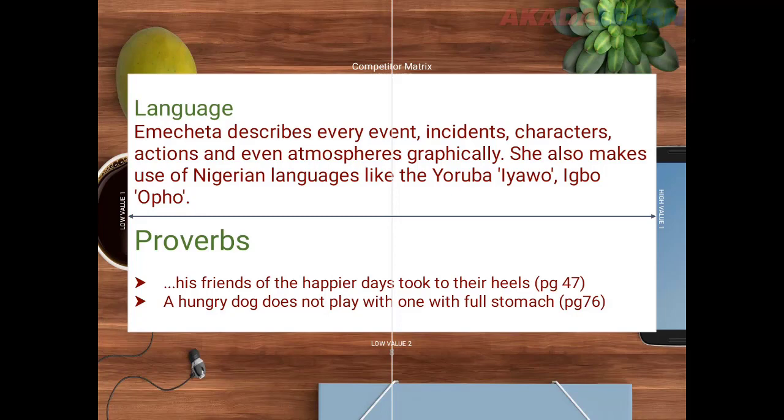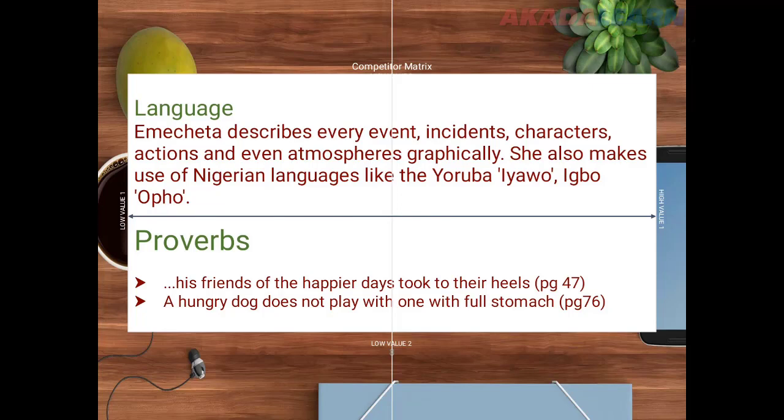Another style was the use of proverbs. Buchi Emecheta used proverbs to connect us to our roots because Africans always use proverbs. "His friends of the happier days took to their heels," meaning those people that used to come and congratulate you and hang around with you, they left him.